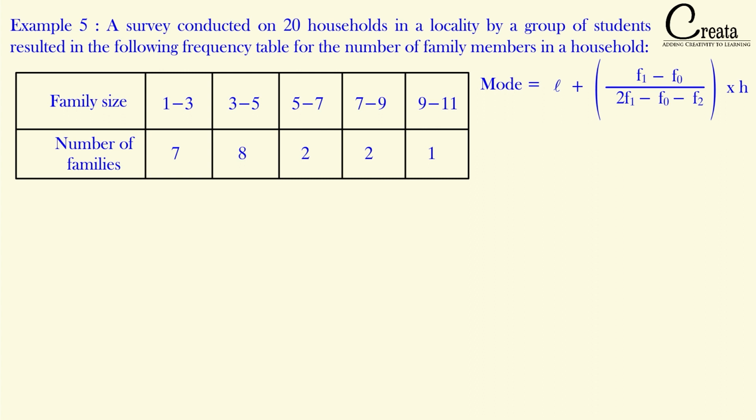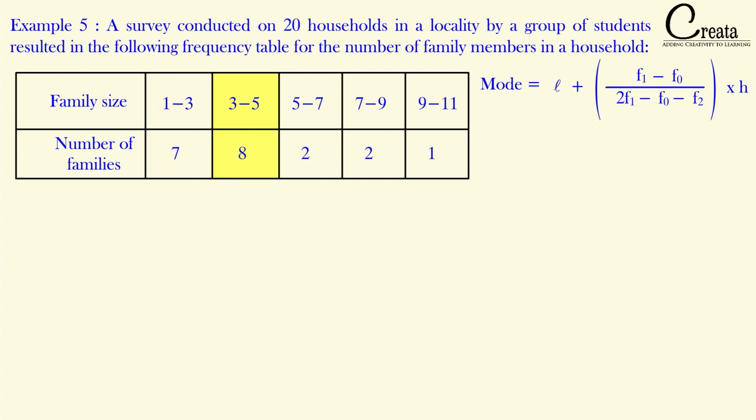So data has been collected of 20 households in a locality by some students, and the data is related to the number of family members in a household. For example, if we talk about these two cells, 7 families are having the family size 1 to 3. It means 7 families are having the number of family members from 1 to 3.